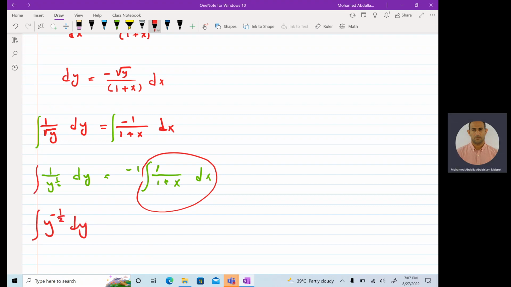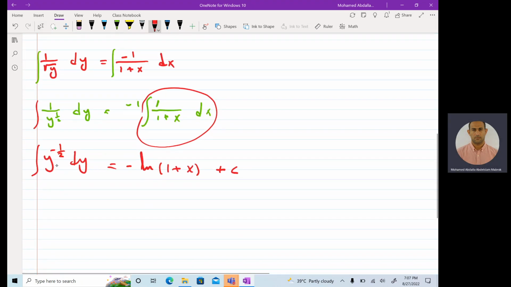On the other side, we have minus 1 times the integral of 1 over 1 plus x dx, and we know that this is minus ln of 1 plus x plus a constant. Integrating the left side, we add 1 to the power and divide by the new power. So y to the power minus half plus 1 is half, divided by a half, so it's multiplied by 2, equals minus ln 1 plus x plus a constant.